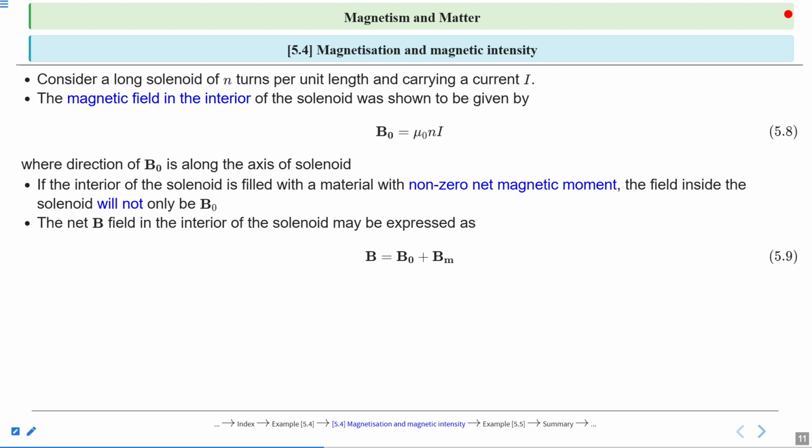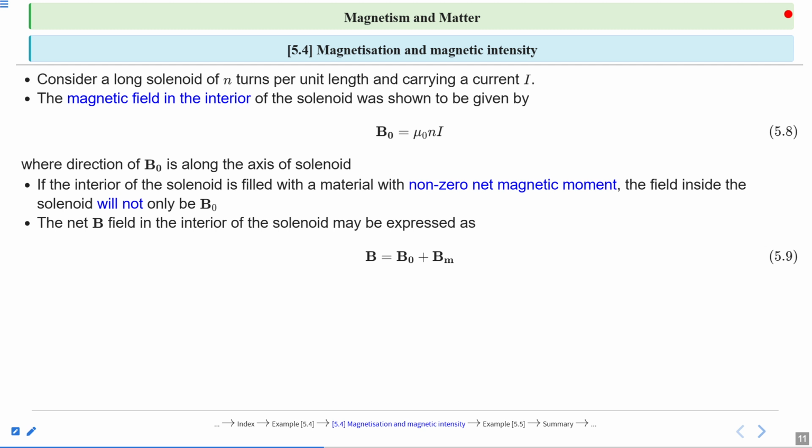So the net field is B equals B naught plus Bm. Even though magnetic field is a vector, it adds directly because both fields are in the same direction.